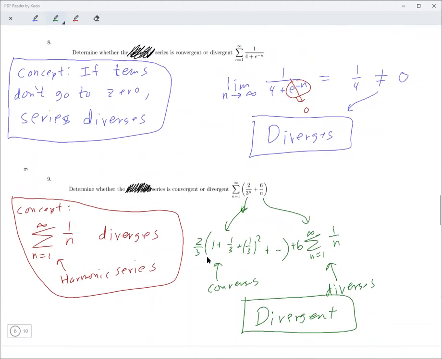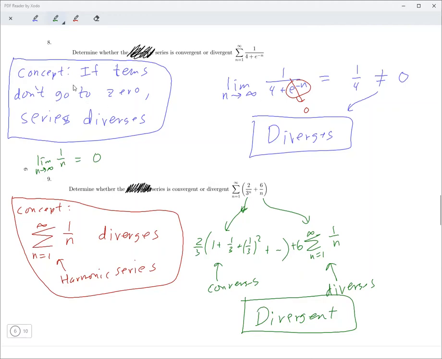Okay, so these two concepts, some people forget that. Some people will take this and say, oh, if the terms go to 0, then it's going to converge, and that's not what that's saying at all. Look, these terms go to 0, but this diverges. If you take the limit as n goes to infinity of 1 over n, which is what these terms are, that's 0.